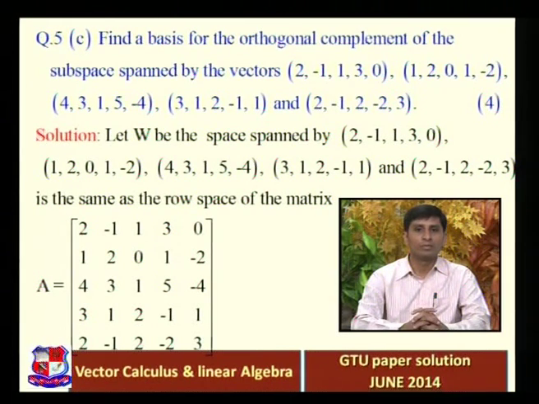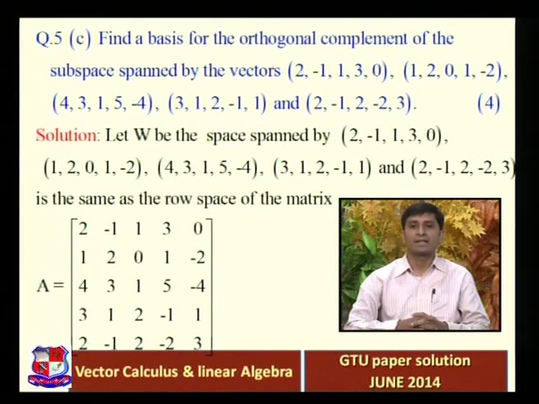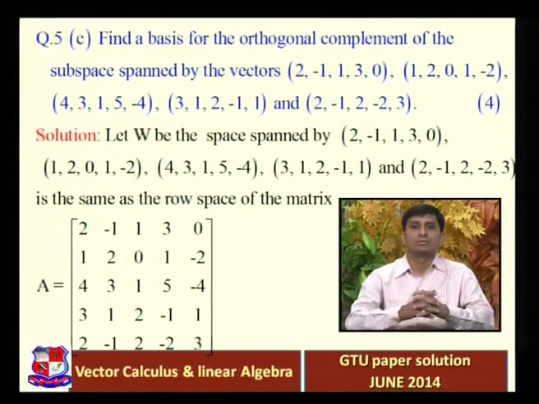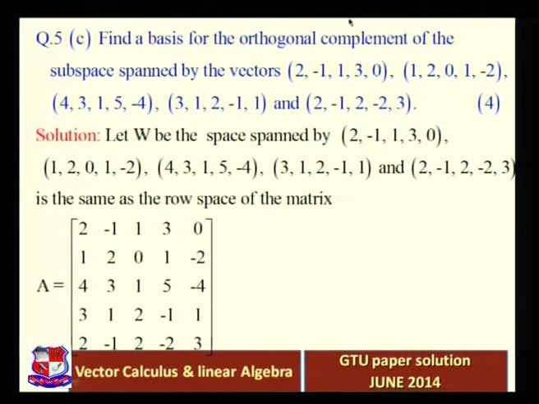First of all, W, the space spanned by these 5 vectors, is the same as the row space of the matrix in which all the rows are these 5 vectors. The first row is from the first vector, the second row is from the second vector, and similarly the third, fourth and fifth vector. Now here we want to find the basis for the orthogonal complement of the subspace spanned by these 5 vectors.